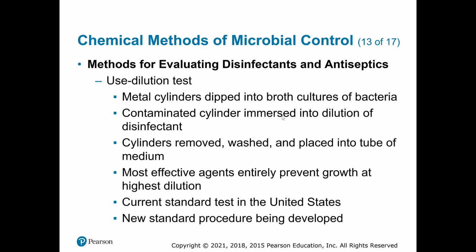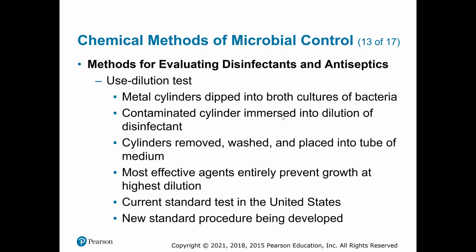The United States uses this use-dilution test. So what do they do? They have these metal cylinders. They dip them into cultures of bacteria. Then they dip them into different dilutions of the disinfectant that they're testing. And then they dip them in a tube of sterile media to see which dilutions of disinfectant still allow growth of that bacteria.